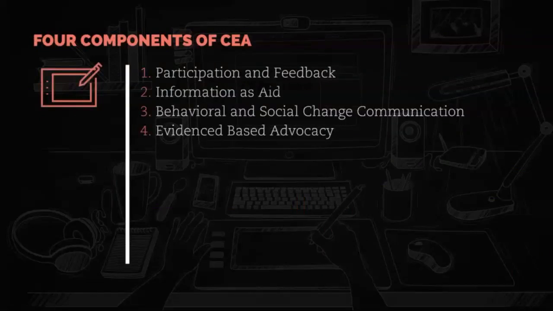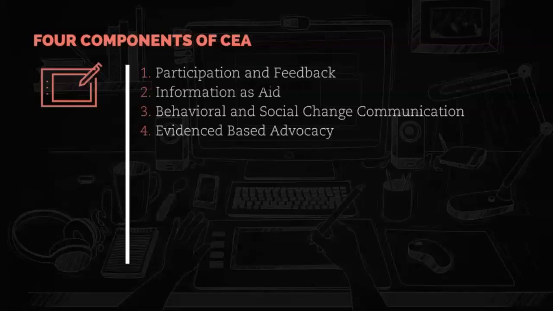In each one of these components, we have a method or a means of operating in terms of our messages. When we look at the participation and feedback aspects of it, our messages need to be clear, and this is something that we would have spoken about at the last webinar, and Tiffany would have indicated these characteristics.